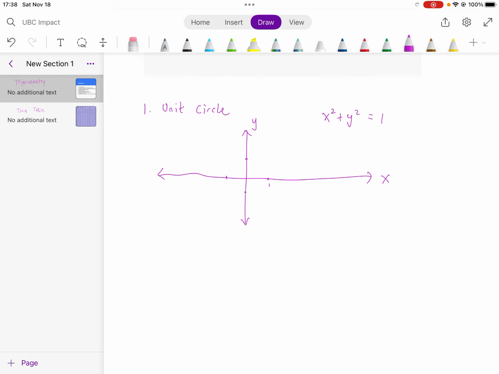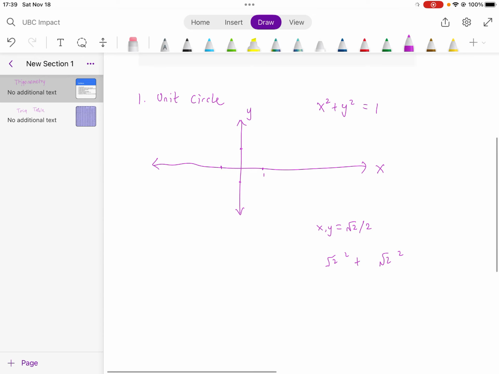And then we can try some other points. You may notice that if you plug in the square root of 2 divided by 2 for x and y, then the square root of 2 divided by 2 squared plus the square root of 2 divided by 2 squared is equal to, well, you guys probably have learned exponents already and know that in this case you can just take the top and bottom of the fraction and take it to the power of 2.